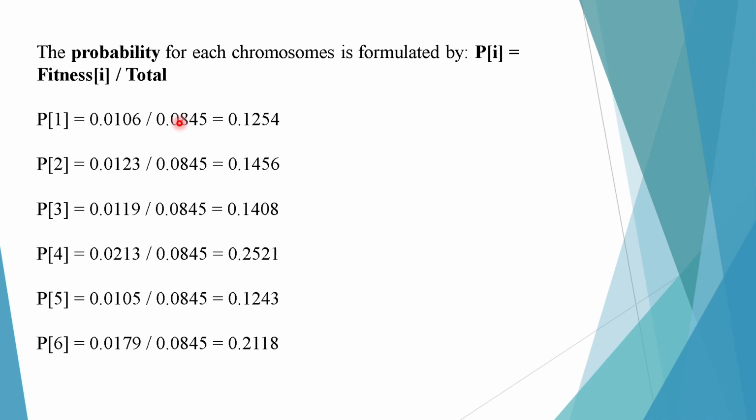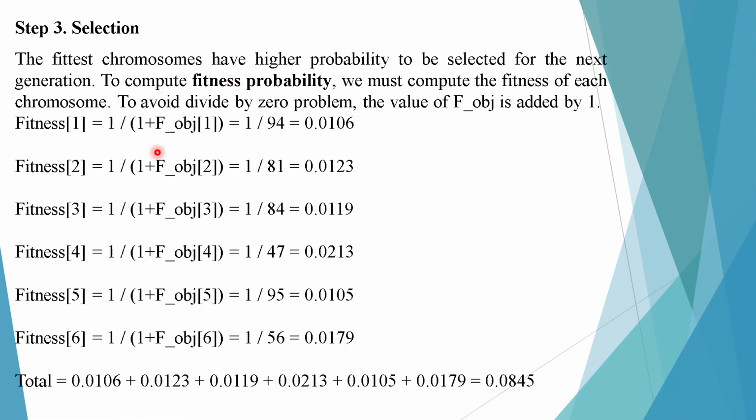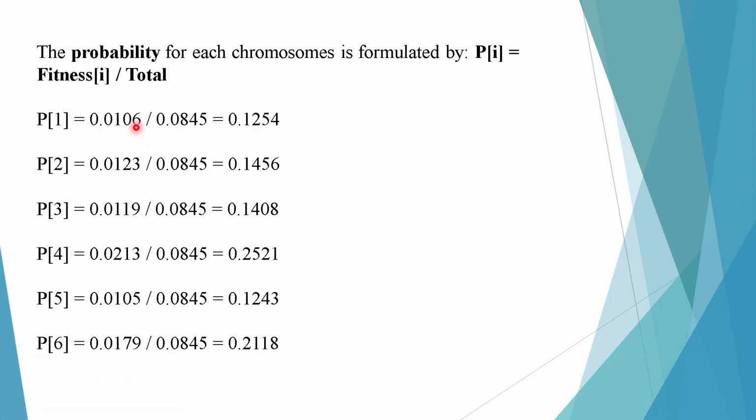This is the probability. Just now, first of all, we calculated the objective function value, later on the fitness probability, and now the probability is the fitness probability divided by the total value.